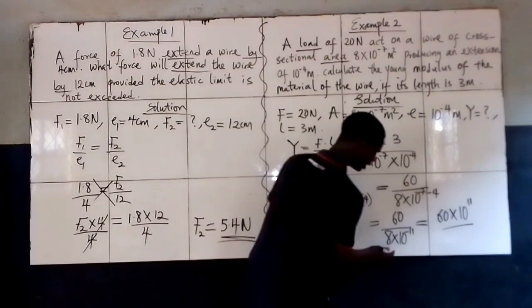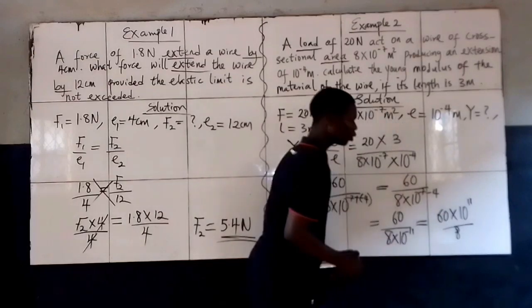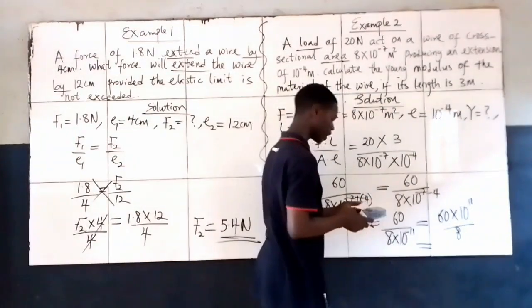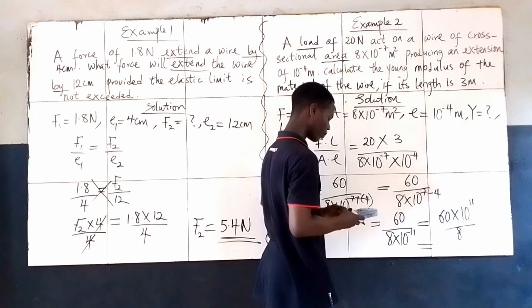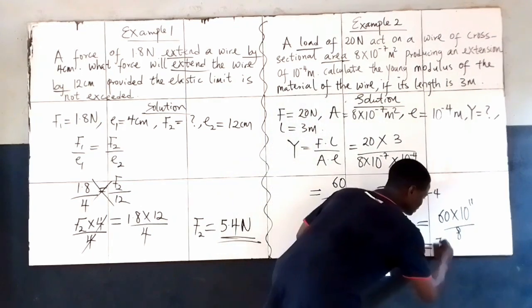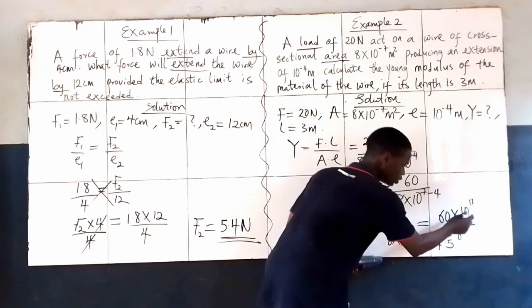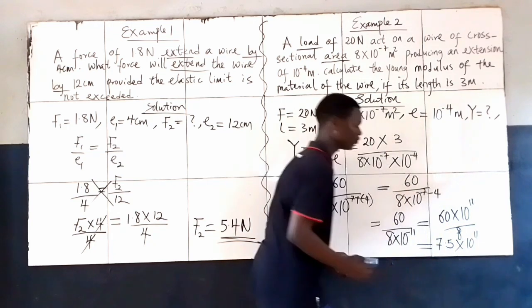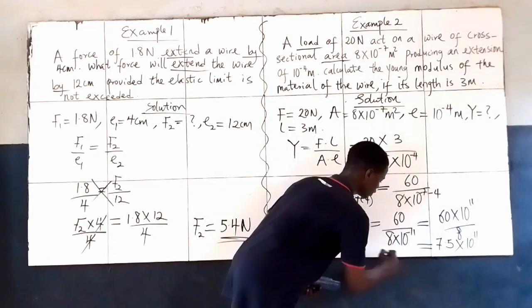All over, what will now be left here? Is it not 8? So if you work this out with a calculator, 60 divided by 8, the answer is 7.5. Now, the rest is times 10 raised to power 11. This is the answer for the Young modulus.